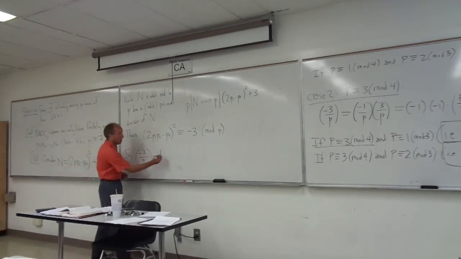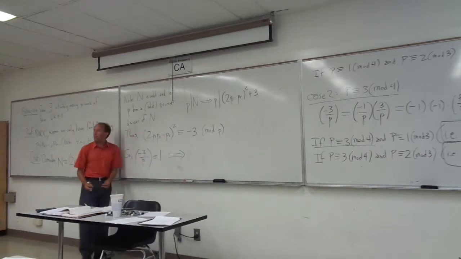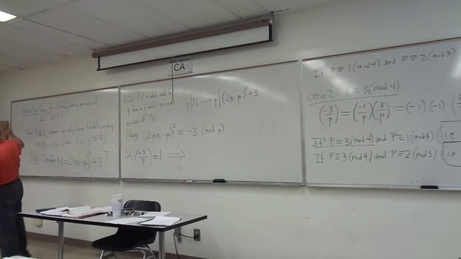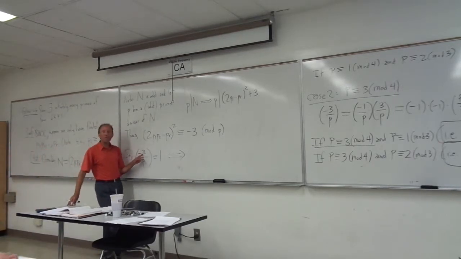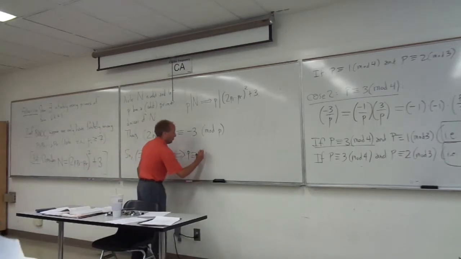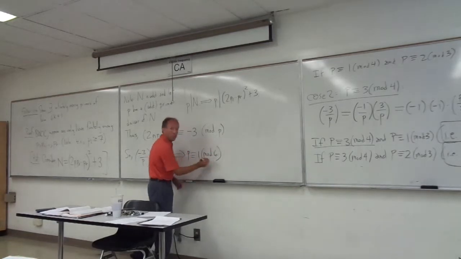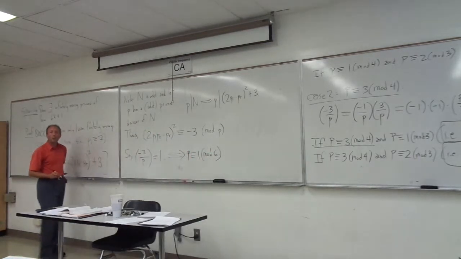Because what did we just prove in the first part, before the follow-up? I erased it. But if -3 is a quadratic residue mod p, what does that tell you about p? p is congruent to 1 mod 6, right? Isn't that what we just proved?